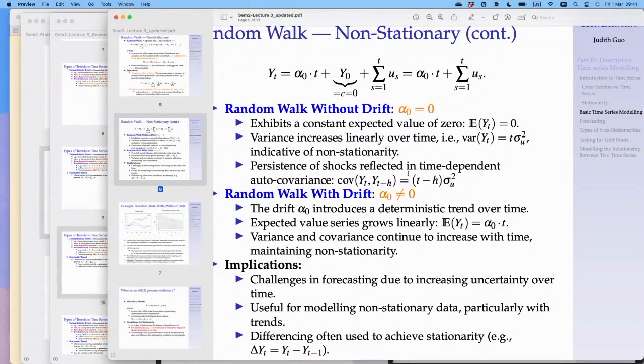And also the covariance between yt and yt minus h depends on the time index t. So the random walk without drift has a time-dependent autocovariance and time-dependent variance, although the mean is zero. Okay? If you're unfamiliar with this, go back and check the lecture 3 slides and also check chapter 10 in the lecture notes.